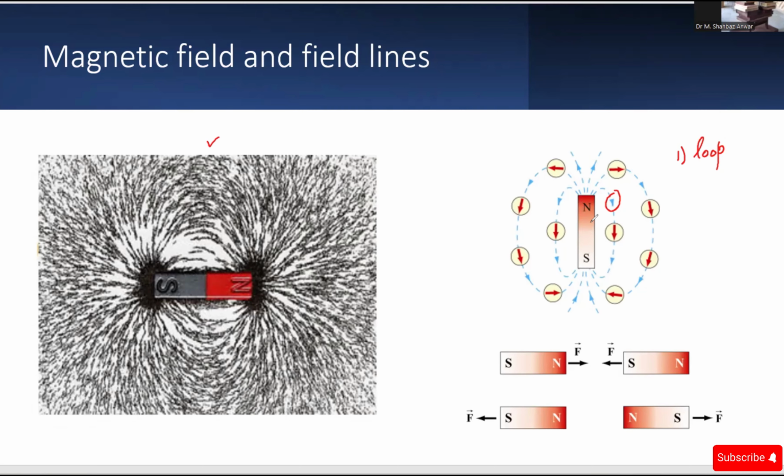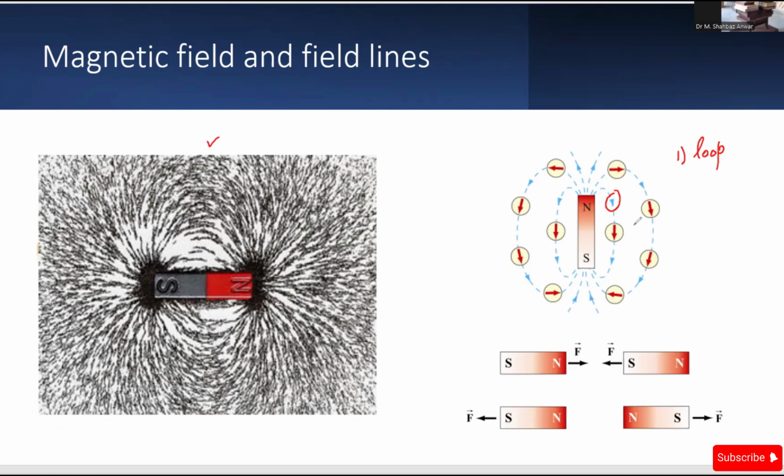Here you can also see an experiment where you have a bar magnet and you are using a compass to identify these lines, particularly their direction. The second thing that we can learn from these lines is the intensity of the magnetic field.